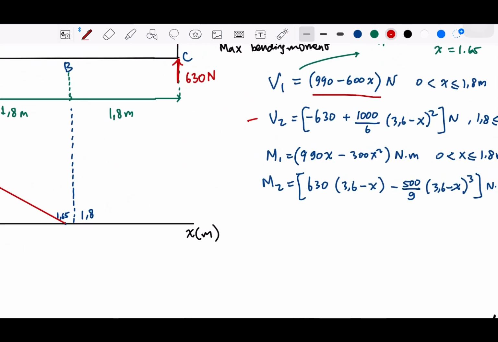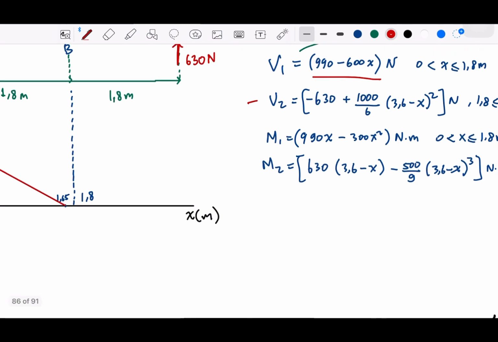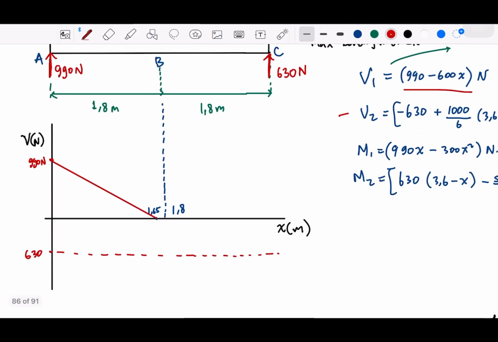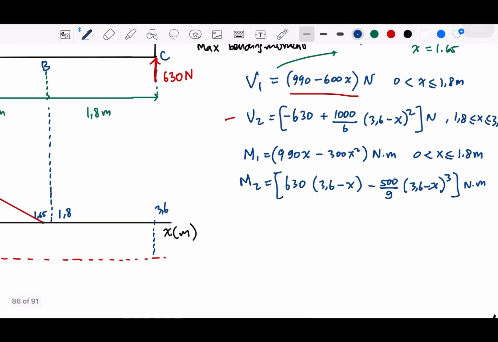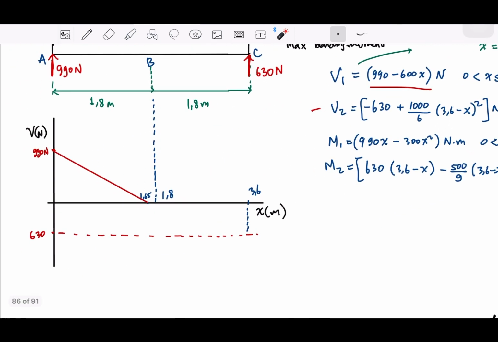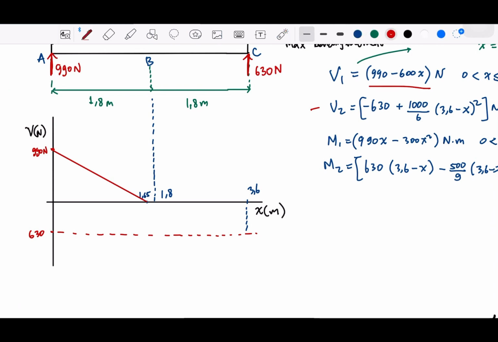And then we have this parabolic curve, and this is going to be 3.6. So at 3.6, if we calculate through the V2 here, this is perfectly making 0. So we take that as a parabola.